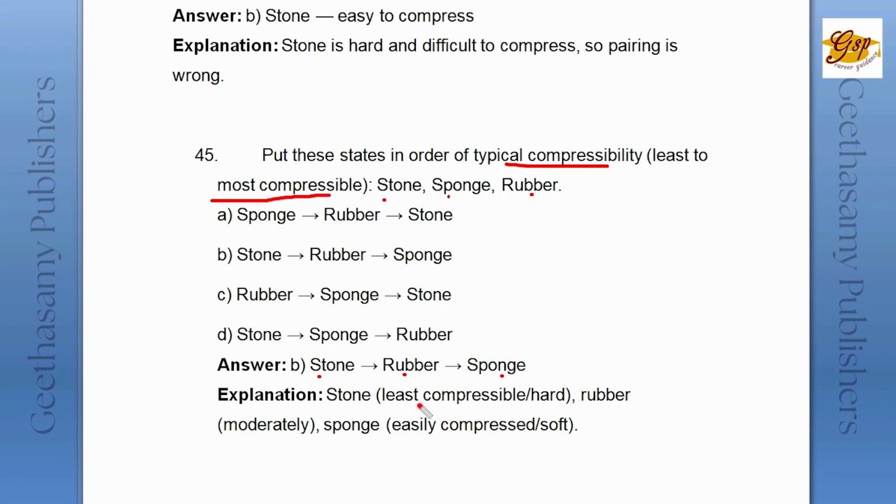Explanation: least compressible is stone, very difficult. Then rubber, moderately, and sponge, very easy. Right? So B is the answer.